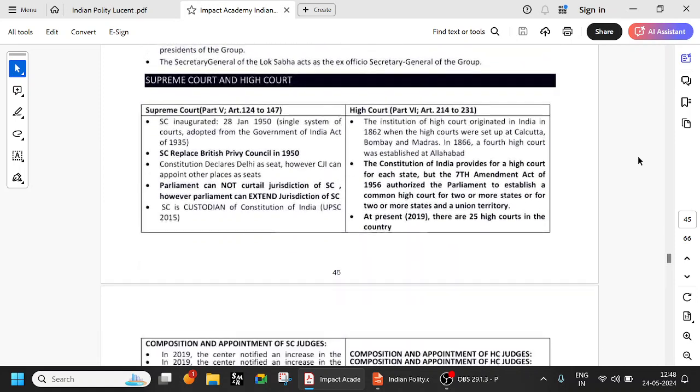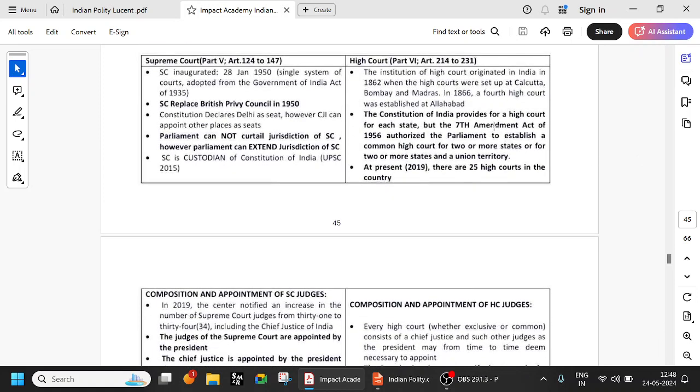We've seen that. Fine. So the Constitution of India provides for a High Court for each state, but the 7th Amendment Act of 1956 authorized the Parliament to establish a common High Court for 2 or more states, or for 2 or more states and a union territory. So at present, 2019, there are 25 High Courts in the country. So we have 28 states, but we have only 25 High Courts.